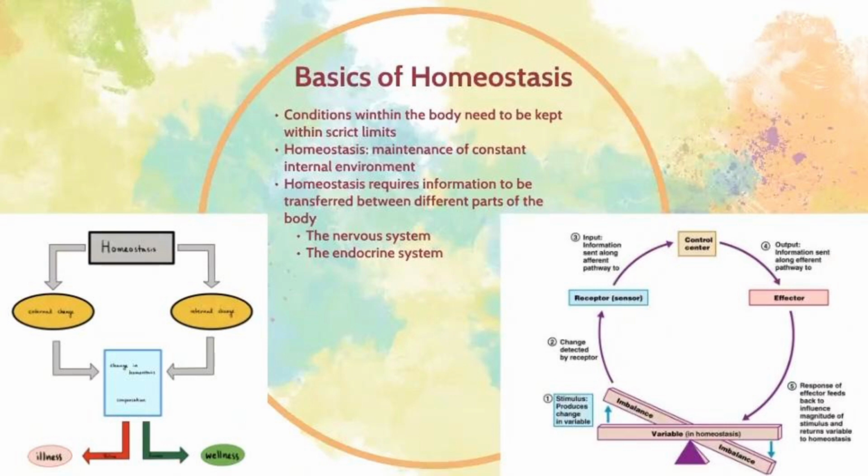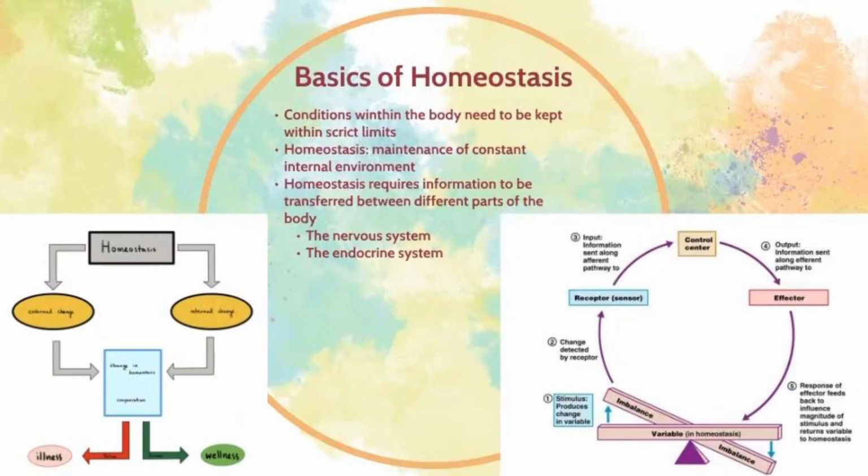If I give a very quick example, this could be for temperature. For example, if receptors in your skin detect that it is getting too hot, then this information could be sent to the brain, which is part of the nervous system. This could then send a signal to your blood vessels and sweat glands in the skin to cause them to vasodilate, so for the blood vessels to expand and for your sweat glands to become more active.